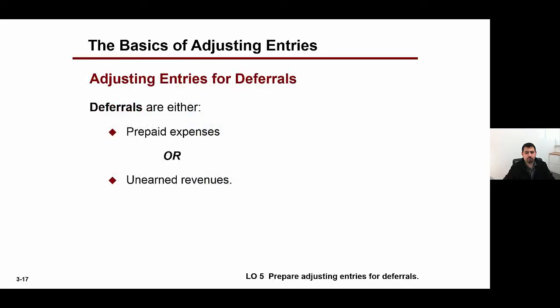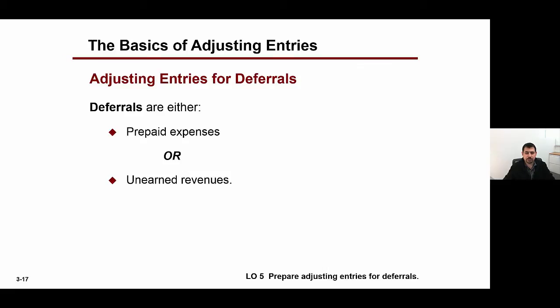Now, we will start with the deferrals. Deferrals are costs or revenues where the recognition is postponed. In other words, we recognize them at a date later than they actually occur. Therefore, we need to make adjustments to record the part that was incurred or recognized during the current accounting period.